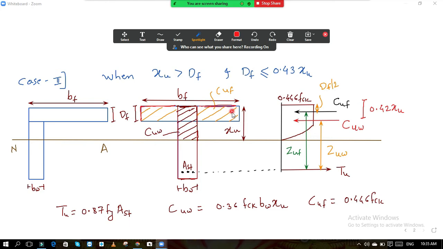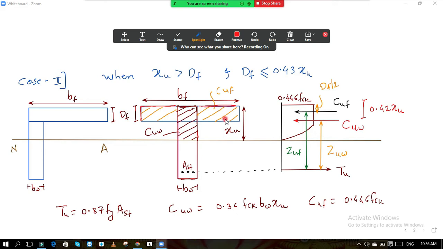But in the case of CUF, the depth of the flange is constant. Flange means a slab, and what is the maximum thickness of the slab? A slab may be 100 mm, or up to a maximum of 150 mm. 100 mm is also a large thickness for a slab. 100 mm means, in inches, 4 inch. 150 mm is 6 inch.